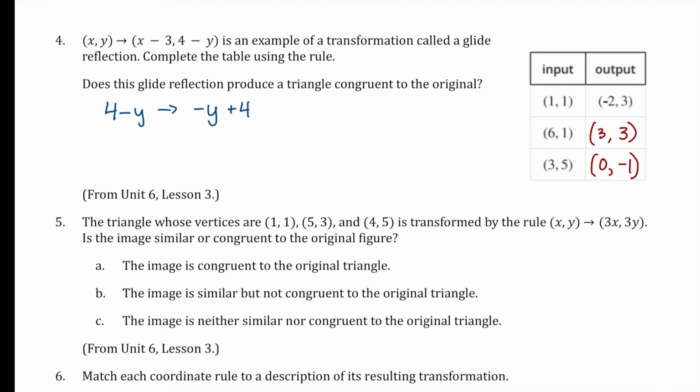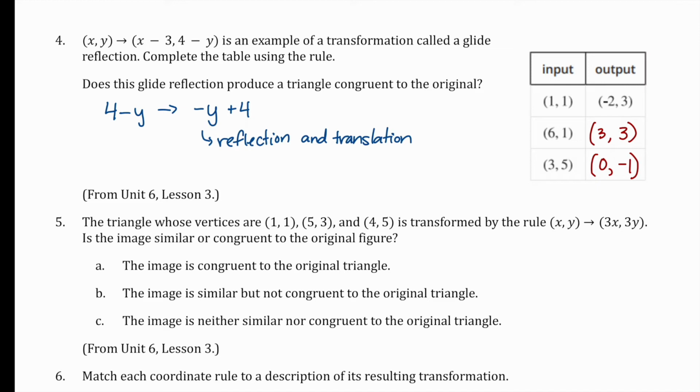So this is kind of like a reflection and translation. And it's okay for reflections to only affect one variable. That's actually how it normally works. We would normally have like x and then like negative y.